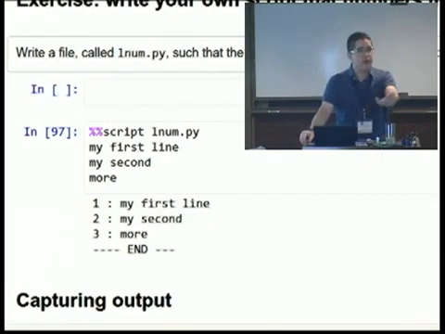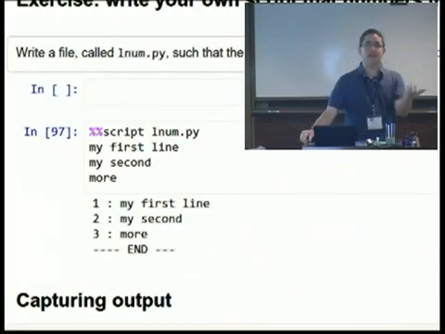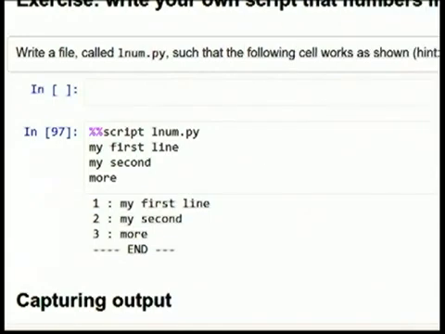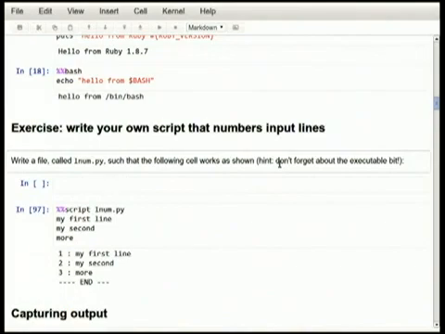We're going to see this in 2 minutes. So I'm going to give you 5 minutes to try to think about it, see if you can figure out how to create a script that can be used with the script magic to execute and to number the lines of any block that it's given. So I'm going to wait 5 minutes. Think about it, give it a try, and in 5 minutes we'll close the solution.